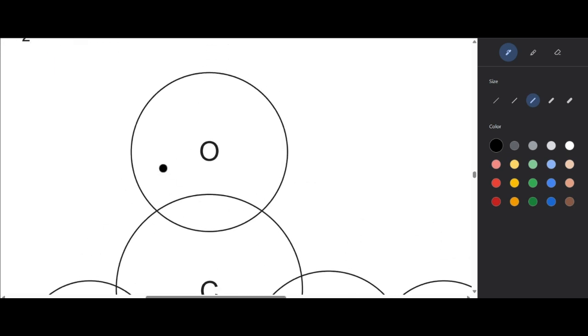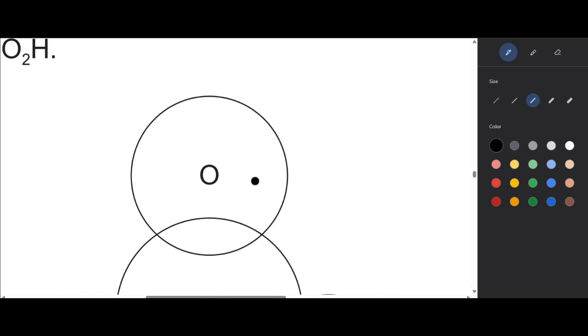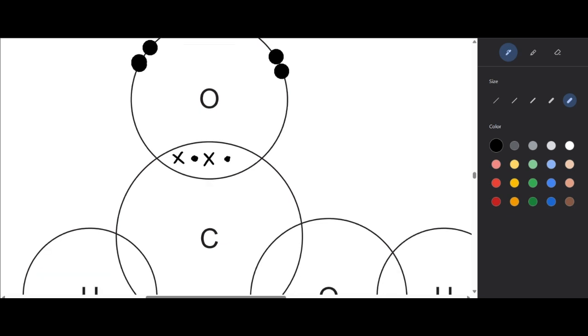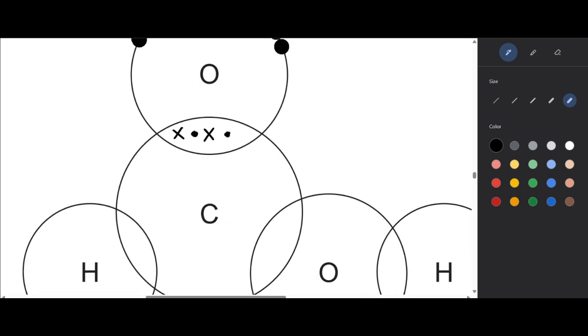Because O has 6 outer electrons, so like this. Four more, so we put it out.